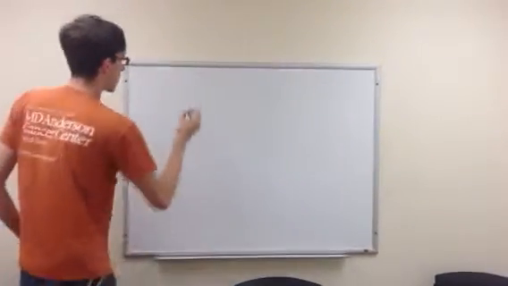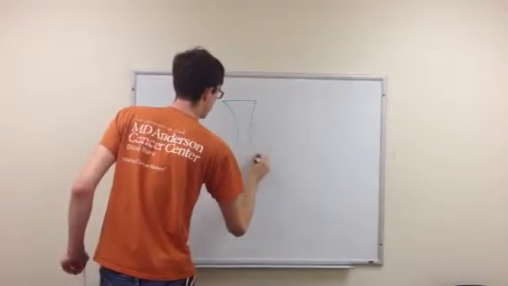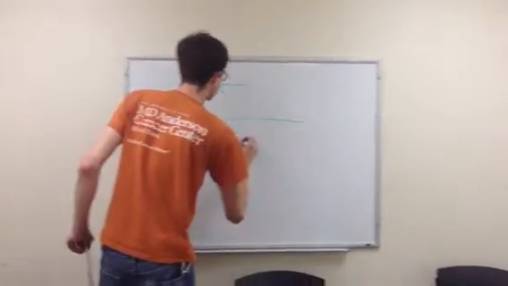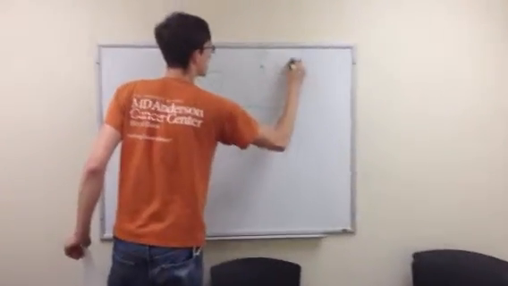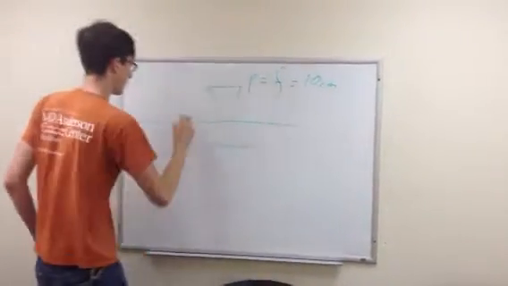But with a concave lens, let's say our focal length still is 10 centimeters, and P is equal to this as well.